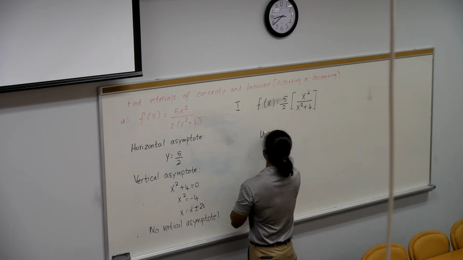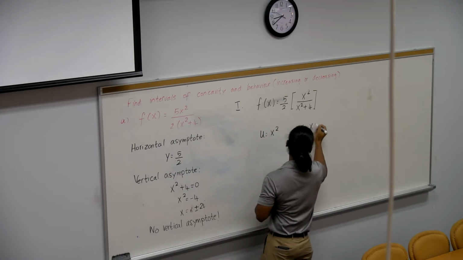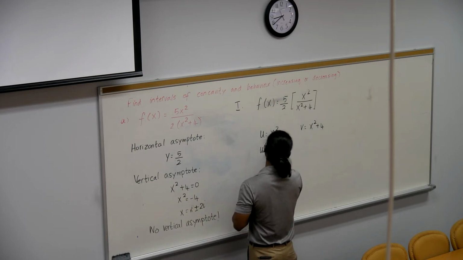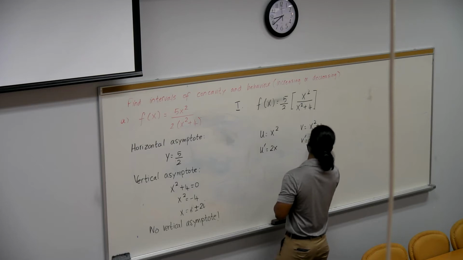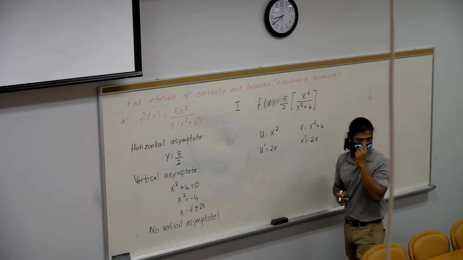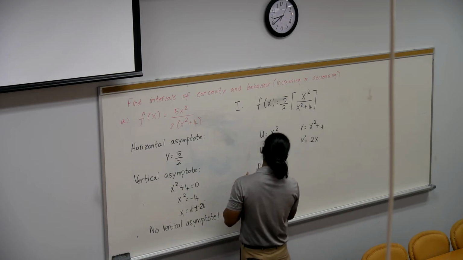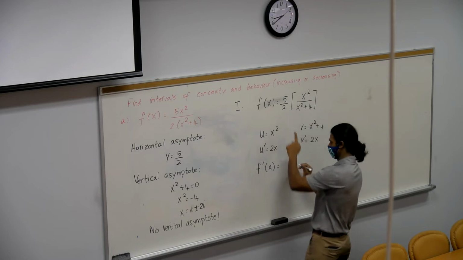So u is x squared, v is x squared plus 4, u prime is 2x, and v prime is also 2x. Good. And the derivative now, you can't forget that 5 over 2.